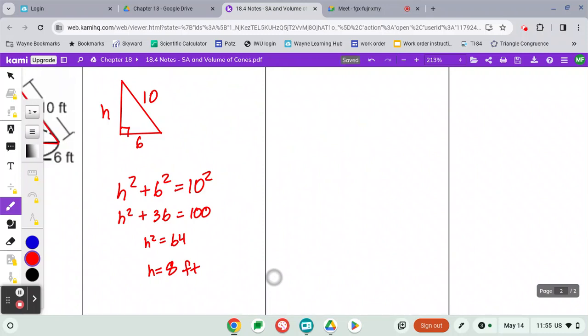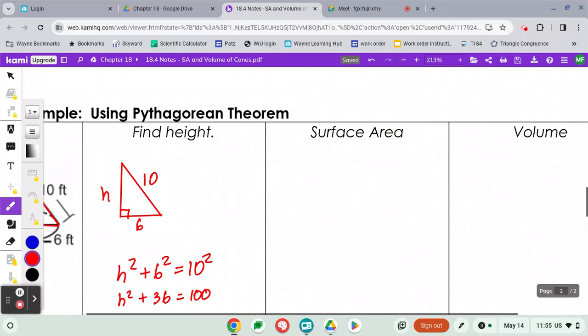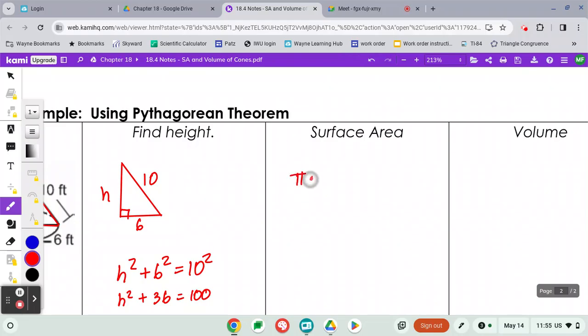All right. Someone tell me, for my surface area, what should I write to find it? What's the formula? Okay, pi times 6 squared. Good. So pi r squared plus pi r l, right?